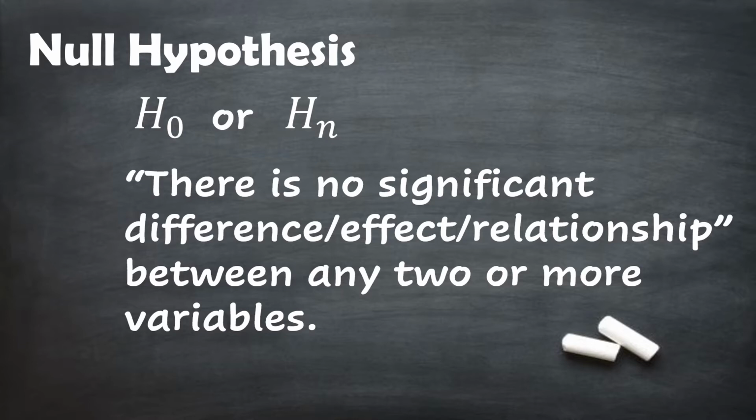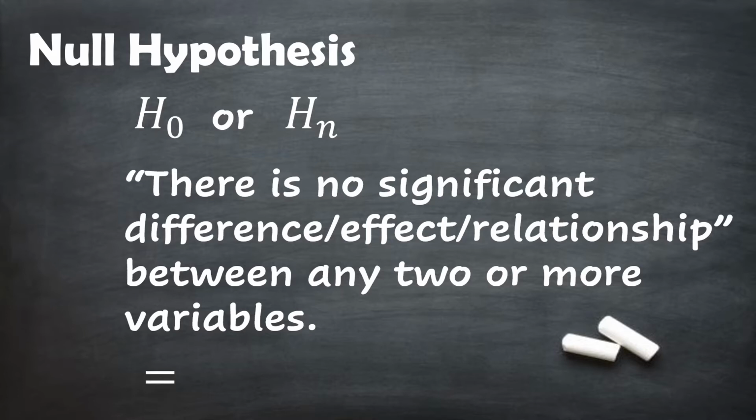Why does the null hypothesis pertain to no significance? It is because from the term itself, null means empty, right? That's why the statement incorporated with the null hypothesis is that there is no significant difference, effect, or relationship.